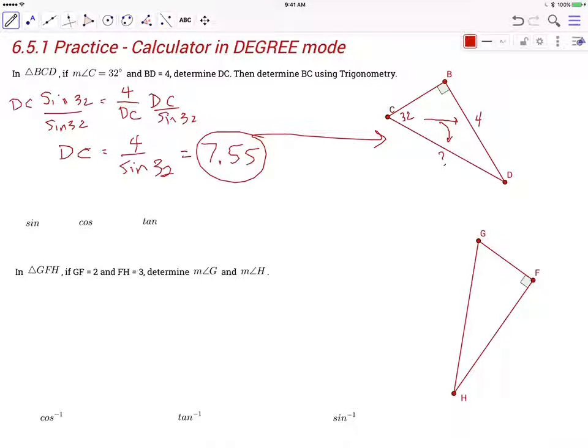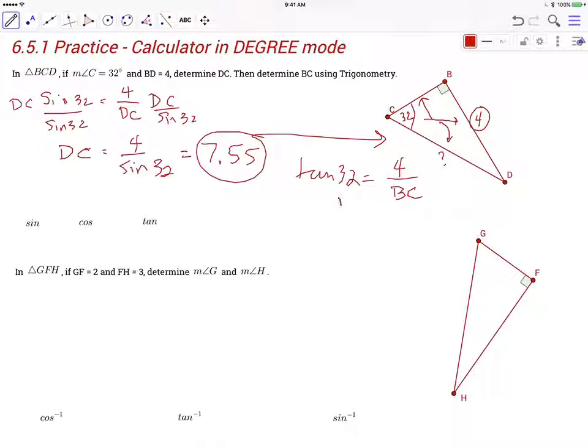And then let's do the same thing for BC, using 32 again, and we have a 4, which is an opposite. The question is, what is BC over here? That's an adjacent, so that's tangent, O and A. So tangent of 32 is equal to 4 over BC.